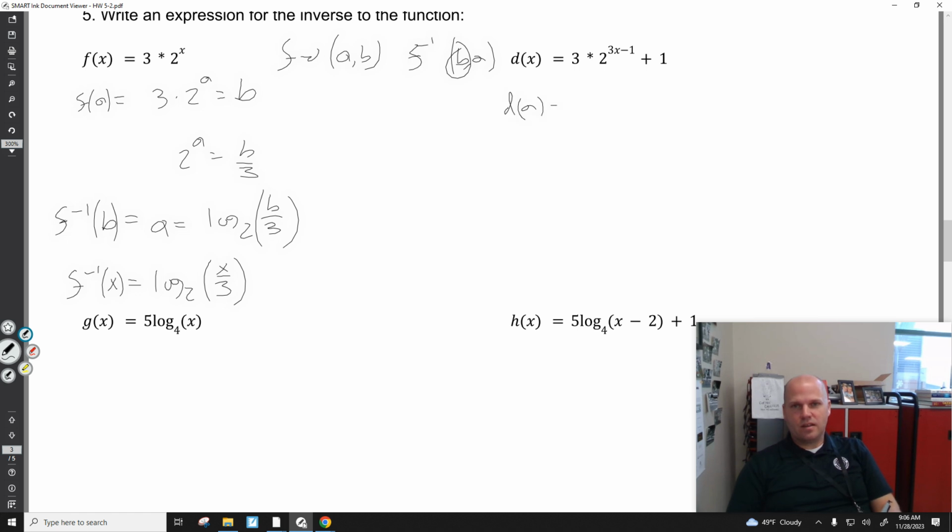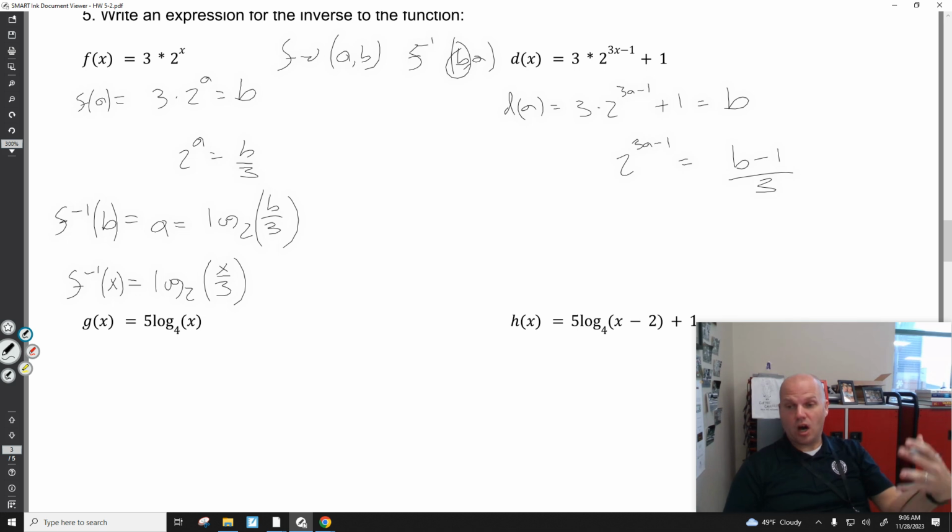D of A is 3 times 2 to the 3A minus 1, plus 1. That equals B. I'm going to solve for A to get the D inverse expression. So I'm going to subtract 1, divide by 3. Kind of undoing what is being done to A. I'm undoing the machine, creating a new machine.